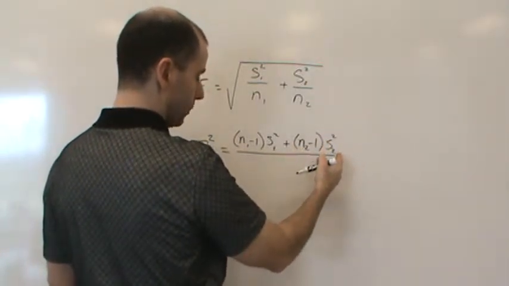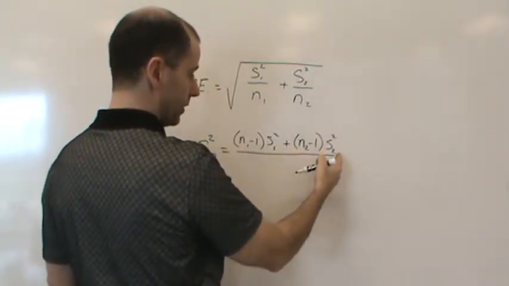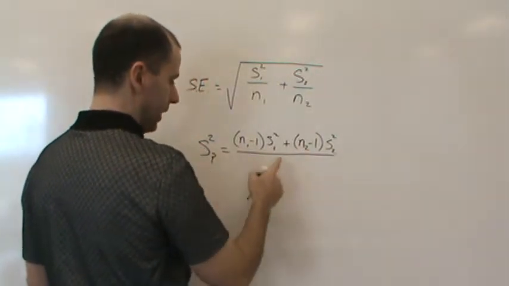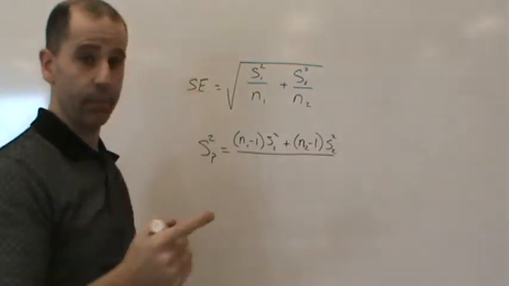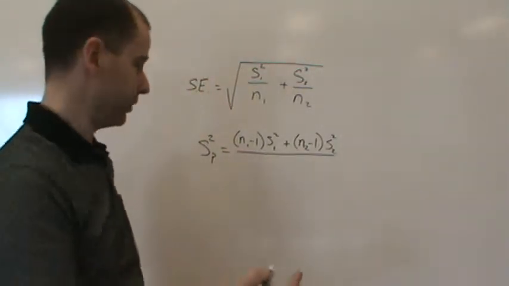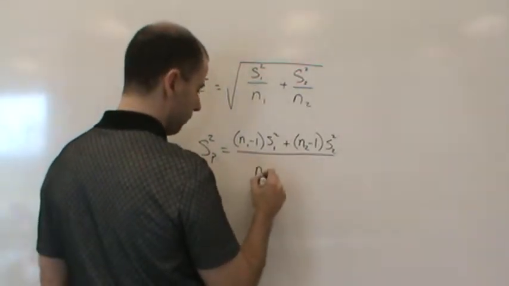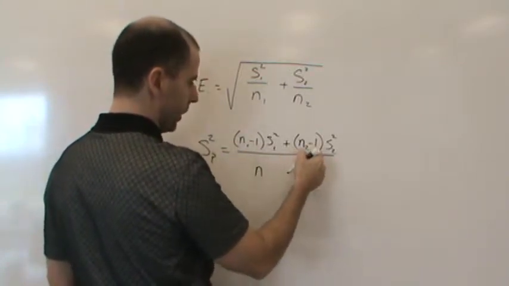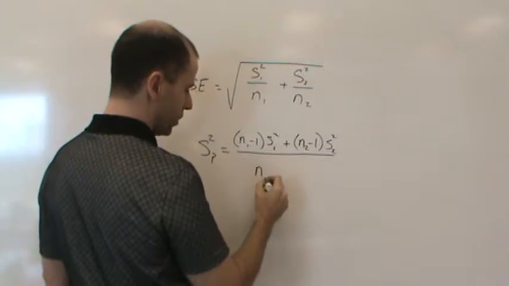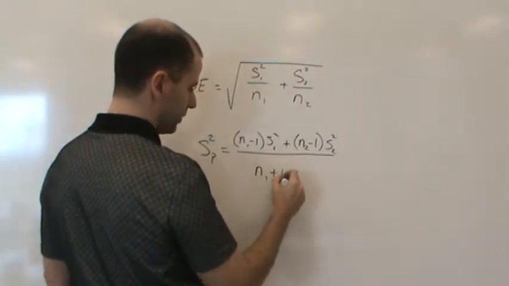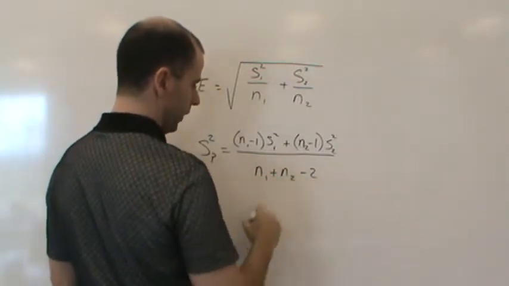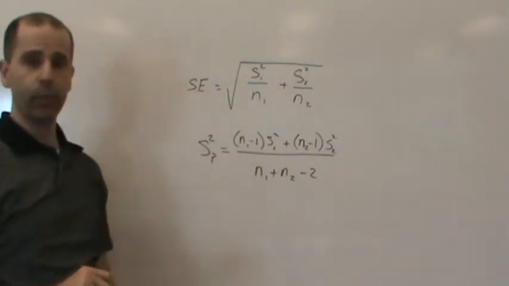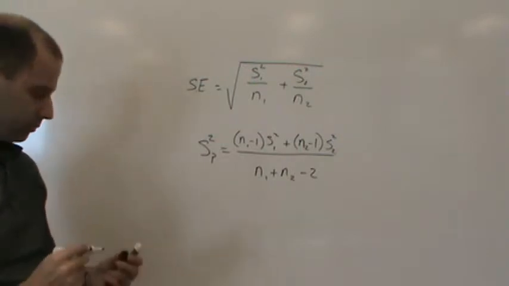We take those two products and add them. And then the denominator is just the sum of the degrees of freedom for both samples, so it's N1 minus 1 plus N2 minus 1. If you simplify it, it becomes N1 plus N2 minus 2. And so this calculation becomes the formula for the pooled variance.